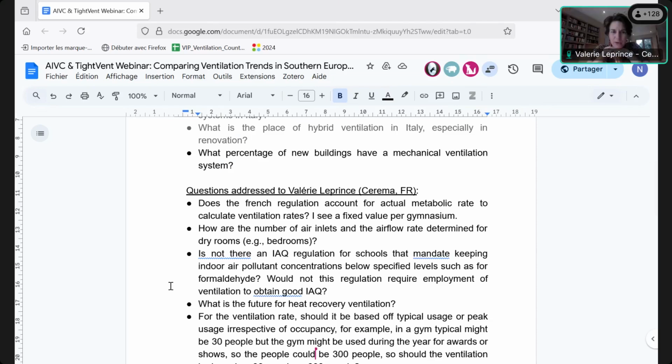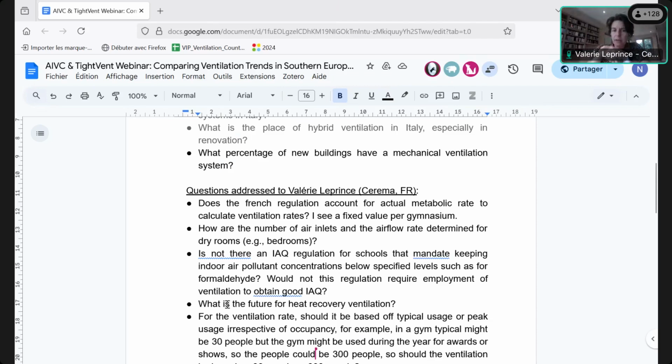Yes, so we now indeed have an indoor air quality regulation in schools where we are supposed to check the level of formaldehyde, benzene, and CO2 in school. And if it doesn't meet the threshold, then they need to define an action plan to actually meet the threshold.